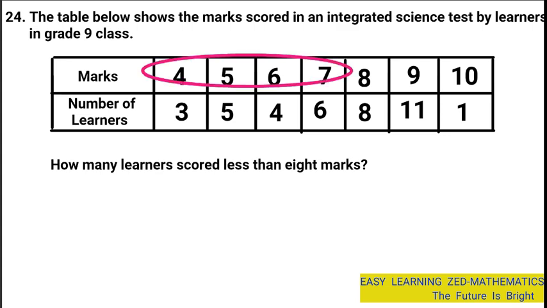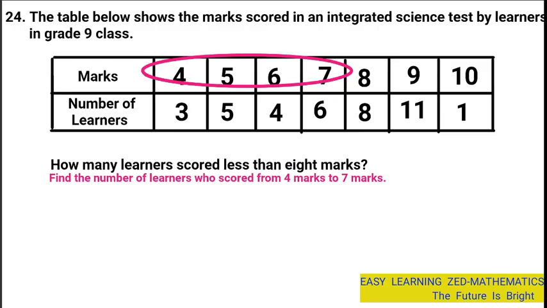These are the marks that are less than 8. Then after you have done that, we also need to identify the learners who scored marks which are less than 8. So these are the learners. They're asking us to find the number of learners who scored from 4 marks to 7 marks.